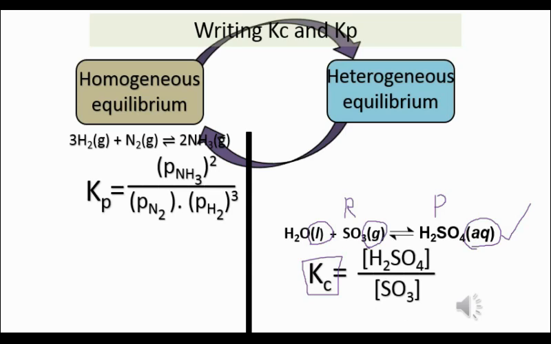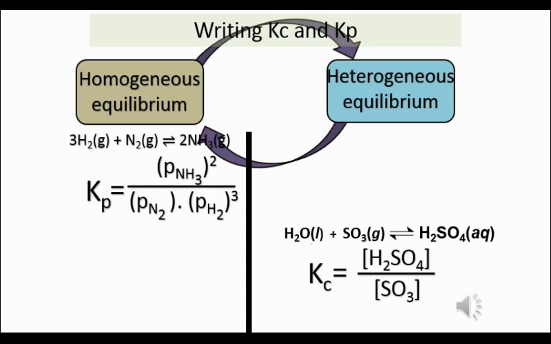So comes the concentration of H2SO4. Remember the square bracket. Please don't leave out the square bracket to indicate the concentration of the component. Now it will be divided by the concentration of the reactant SO3.